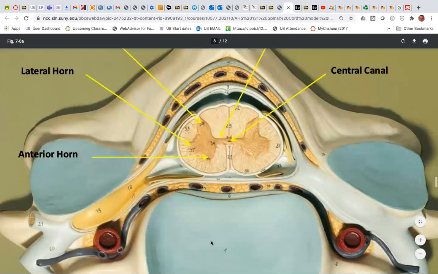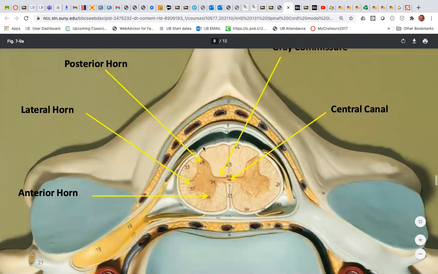Here's the vertebral body, so we know that this is anterior or ventral. So this is the anterior horn, aka ventral horn. On this side, this would be dorsal horn, this would be ventral horn, and on the side, lateral horn. You can see it here, number 37, lateral horn. So these horns are not myelinated.